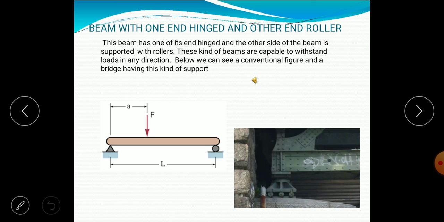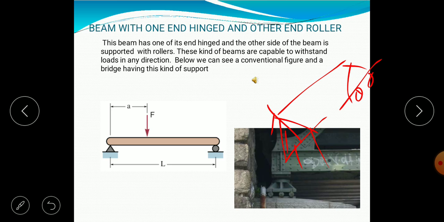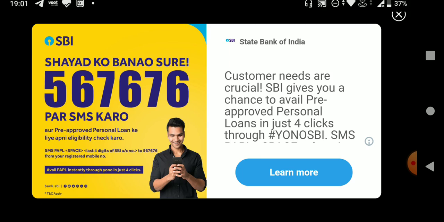Next one is a beam with one end hinged and the other end roller. We already discussed hinged support and roller support. Suppose a horizontal member is provided with a hinge support at one end and a roller support at the other end. This type of beam is known as a beam with one end hinged, one end roller. For a hinge, how many reactions are there?